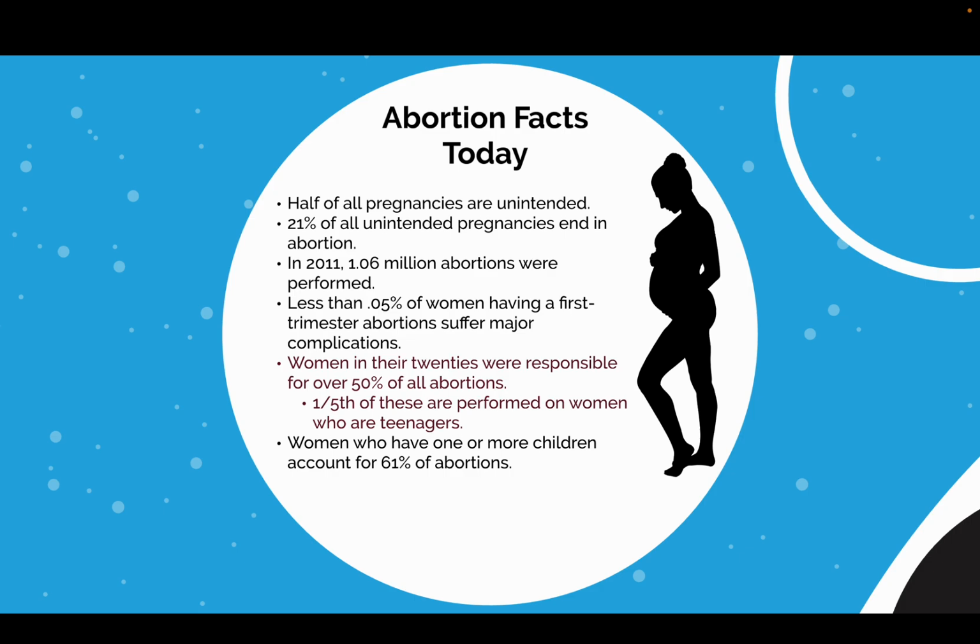Women in their 20s or younger, and one-fifth of abortions in this category were performed on women who are teenagers. So I need to correct that. Women who have one or more children account for 61% of abortions. As you'll see in the Dateline documentary, where they talked with a few couples seeking to terminate a pregnancy, abortion services is seen as a family planning tool in that context.